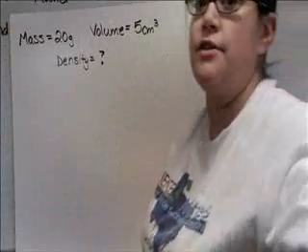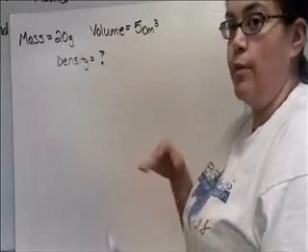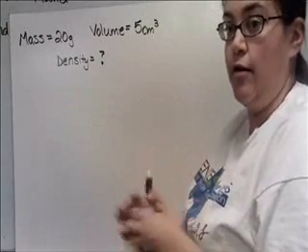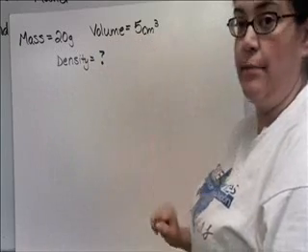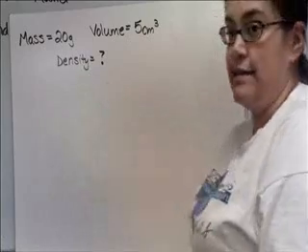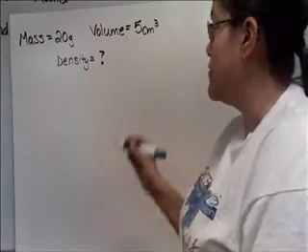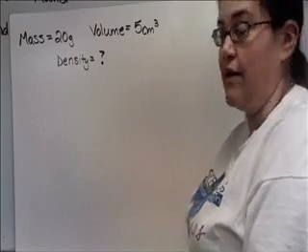All right, so let's do an example. Mass equals 20 grams. We put that on our triple beam balance and figured out the mass. And the volume equals 5 cubic centimeters. So it's kind of small because we're measuring in centimeters. So what's our density? So, first of all, what's our formula for density? Mass divided by volume.